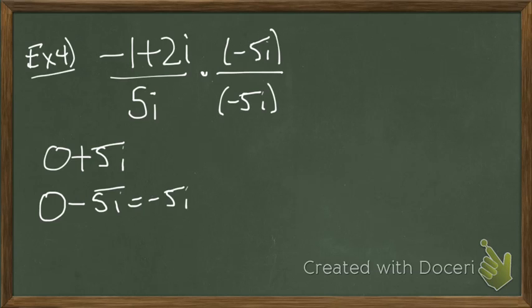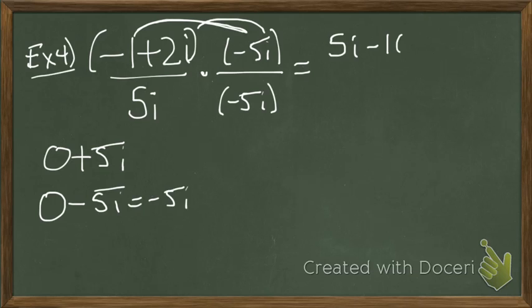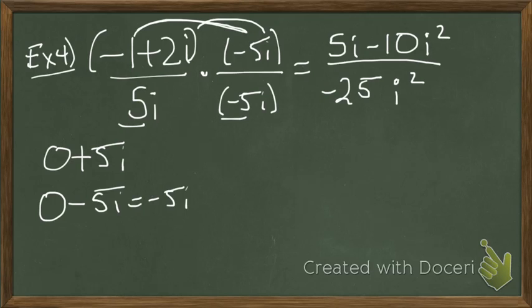If we do that, all I have to do is distribute the negative 5i to the numerator. If I multiply negative 5i times that negative 1, that's going to be, what, positive 5i. Negative 5i times positive 2i is going to be negative 10i squared. In the denominator, 5 times negative 5 is negative 25, and i times i is going to be an i squared.